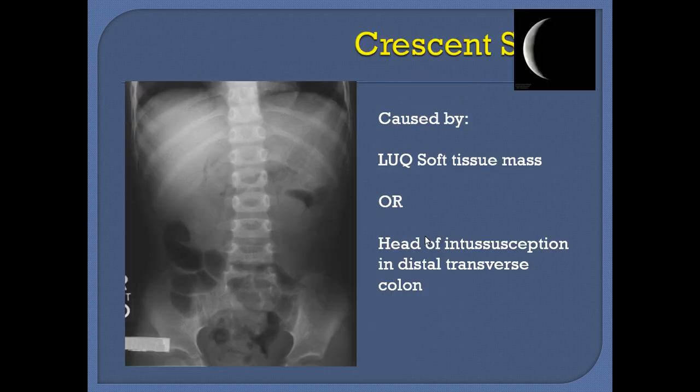Crescent sign. Have you seen the moon on the first or second day? It is like a crescent. This one is a crescent. And in the left upper quadrant, a soft tissue mass or head of intussusception in the distal transverse colon.